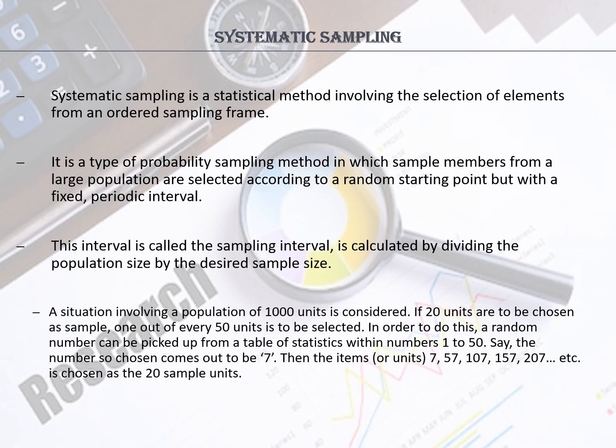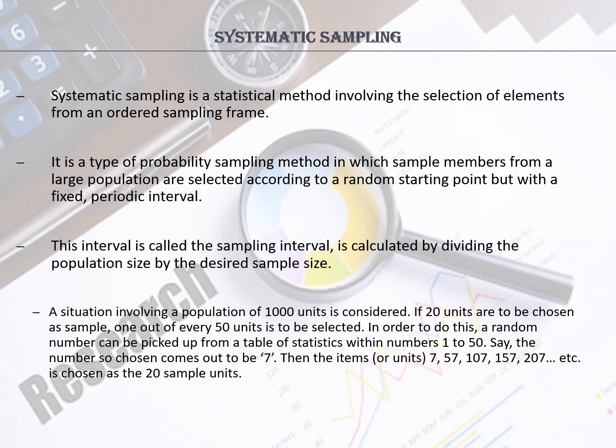A situation involving a population of 1000 units is considered. If 20 units are to be chosen as sample, 1 out of every 50 units is to be selected. In order to do this, a random number can be picked up from a table of statistics within numbers 1 to 50.